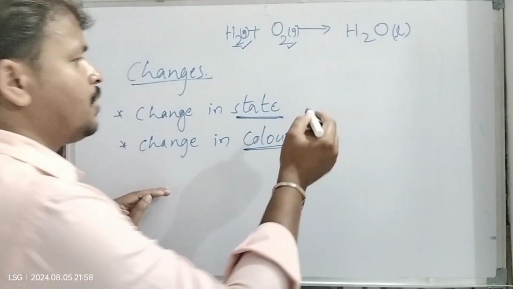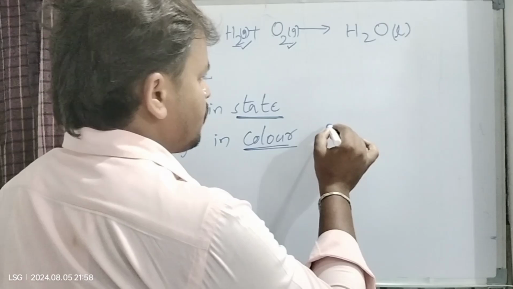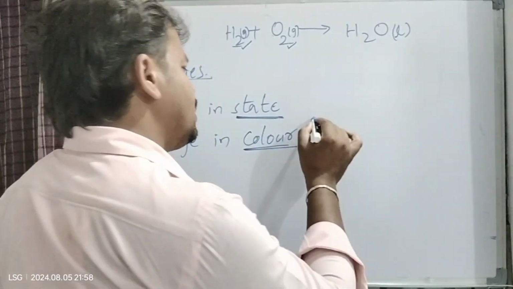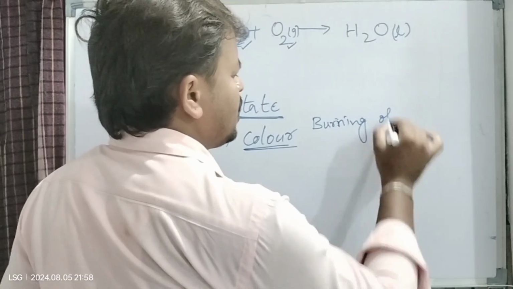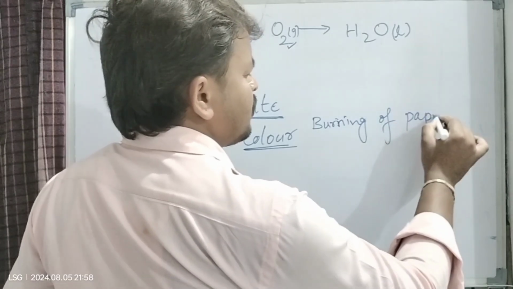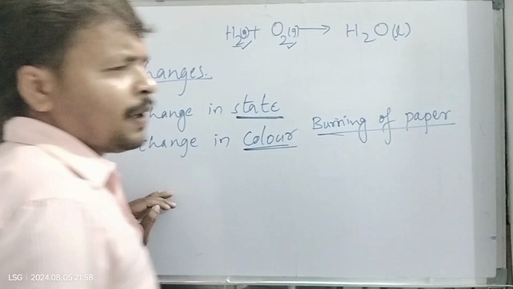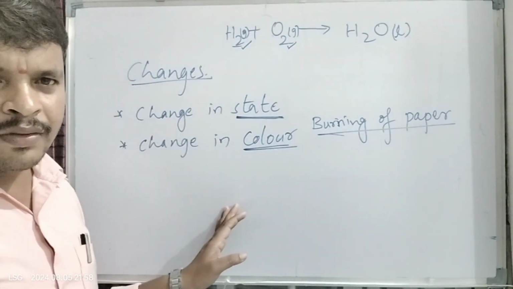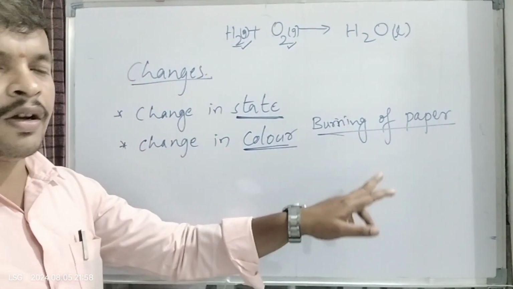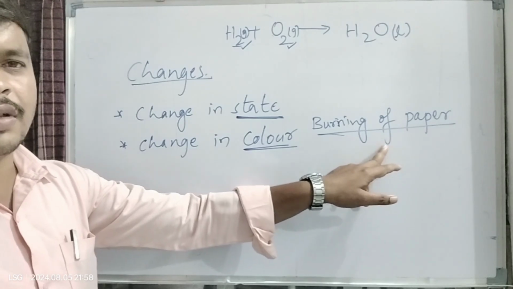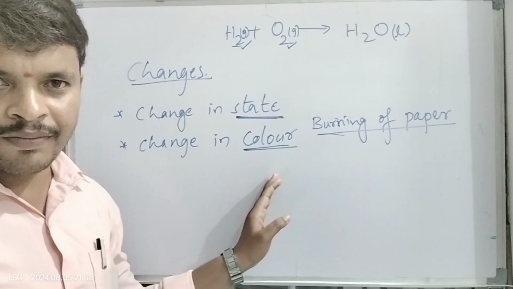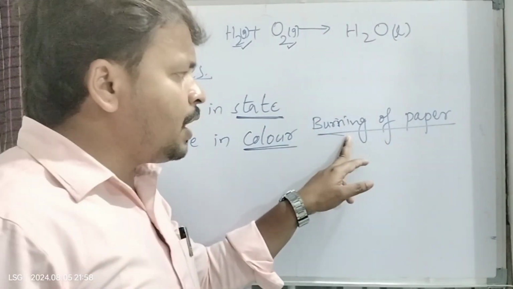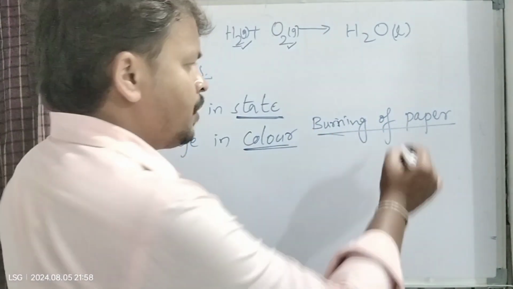For example, I'll give you the example of bursting of crackers or the burning of paper, a very easy example. See, when you are burning paper, a chemical reaction takes place. We know that new substances are formed after the reaction, so it is called a chemical change where a chemical reaction has taken place.